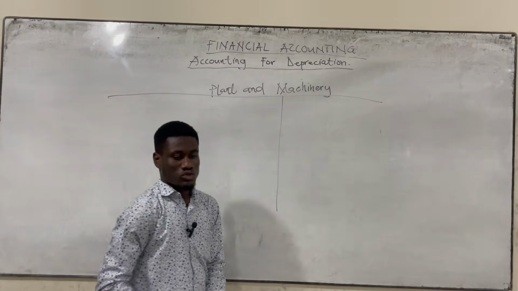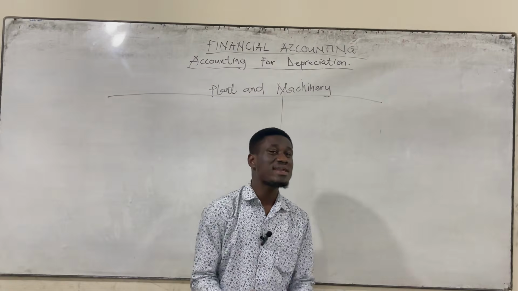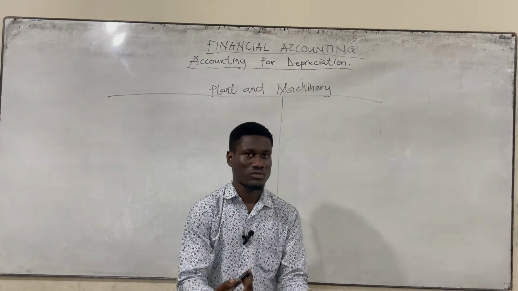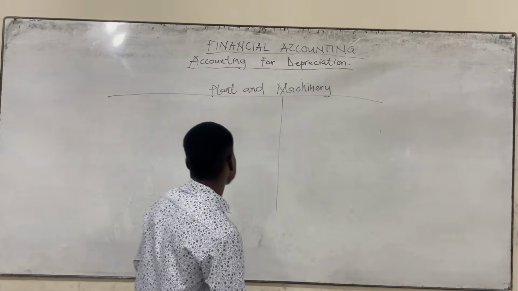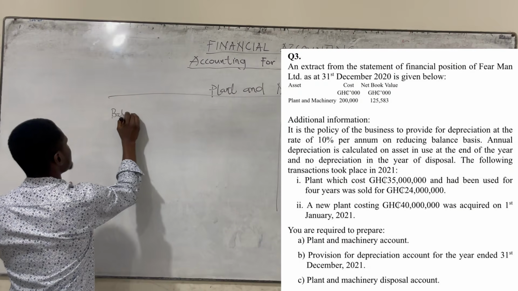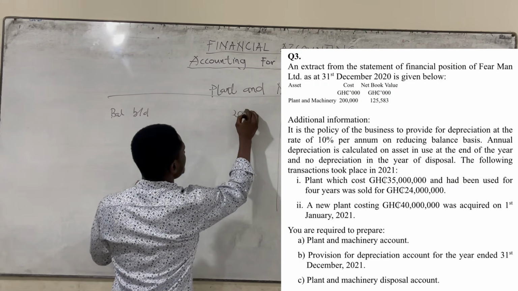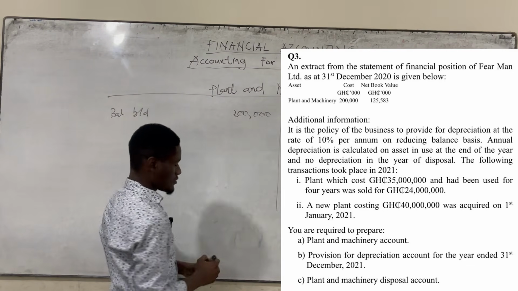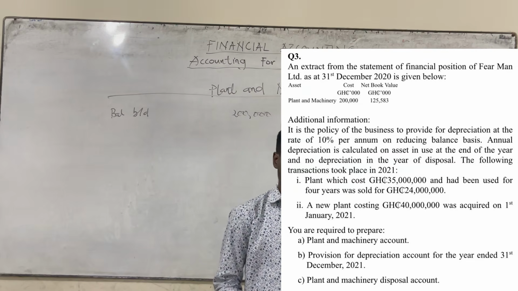With this plant and machinery, we know that we already have a cost there in the question, and the cost brought forward was 200,000. So we have a balance BD of 200,000.